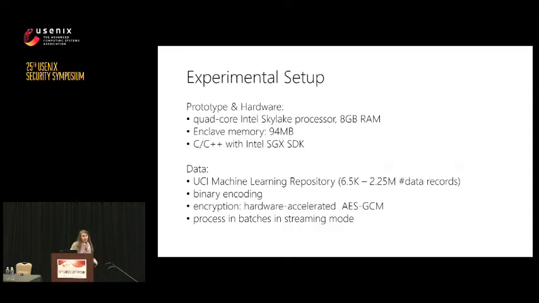And then the way we encrypted data is in batches, because some of these datasets that we considered were, of course, larger than the enclave memory. So we couldn't just load all the data, decrypt it, and then access it the way we wanted. So we split the data into batches, encrypted them, and we processed them by reading a batch, decrypting, operating on it, and so on.